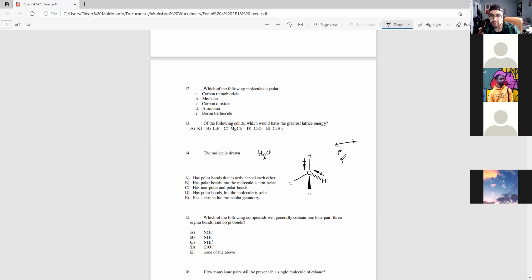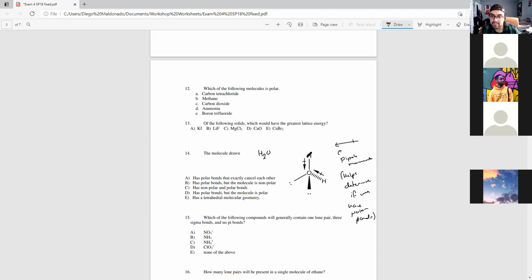It has to deal with if it's polar or not. It's a dipole moment. And it tells us in which direction the atoms are being pulled. So it helps determine if we have polar bonds. So that's a dipole moment.